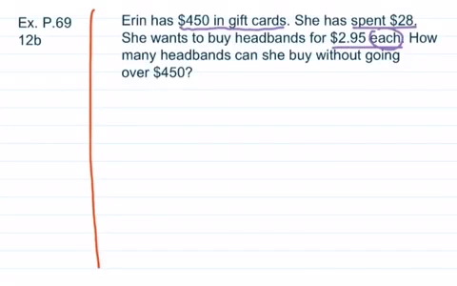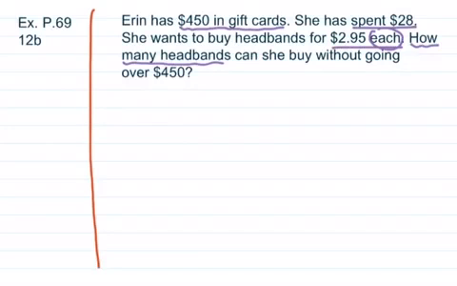And our question is how many headbands can she buy without going over $450? What are we trying to find? I want you to take a few seconds and visualize what's happening in this scenario. You might want to pause it and visualize.